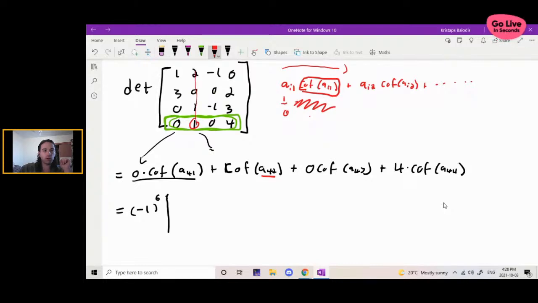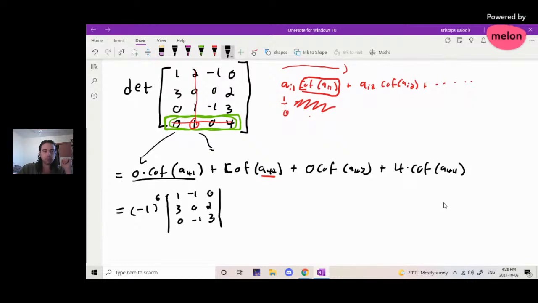So I block out these entries, I look at the matrix that I get. It's going to be 1, 3, 0, minus 1, 0, minus 1, 0, 2, 3. Plus, the next one again is multiplication by 0, so I can toss it out.